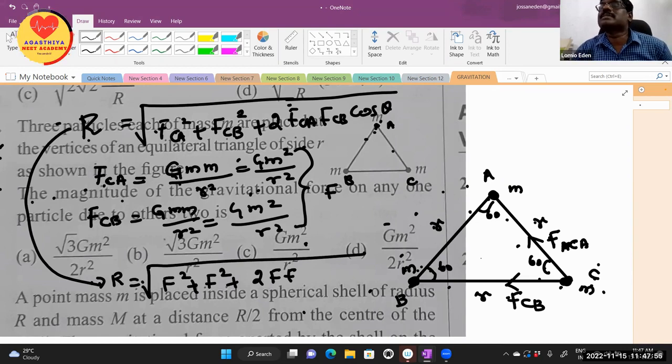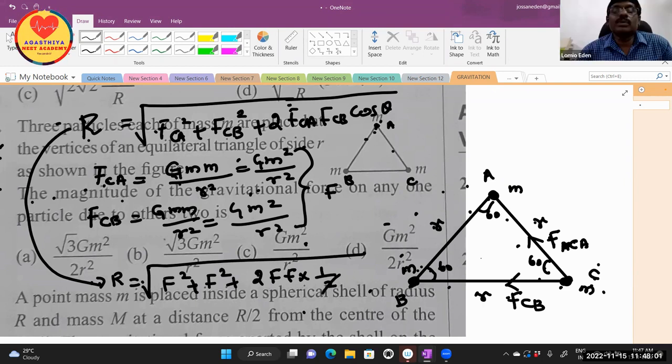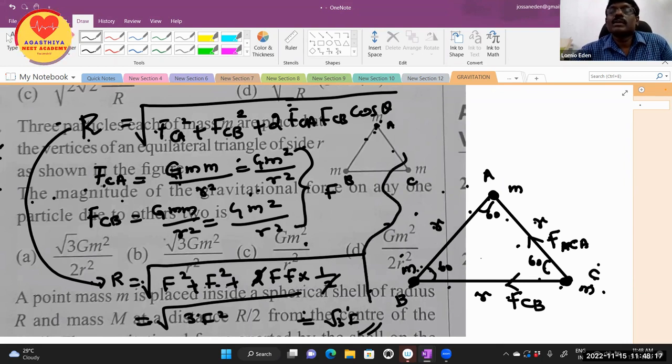What is the value of cos 60? 1 by 2. Therefore, the 2 gets cancelled. Finally, it becomes 3 F squared. Take the root. The resultant is equal to root 3 F.